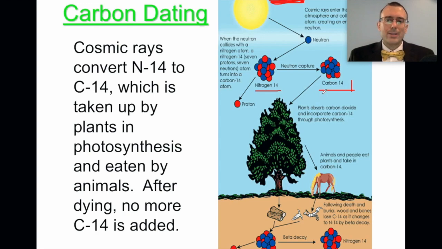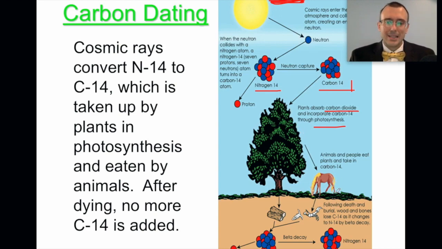So, how does that get into our bodies? Well, carbon-14 is part of carbon dioxide, and plants all over the world absorb that carbon-14 through photosynthesis. Trees and various other kinds of grasses and plants all do photosynthesis, and they incorporate some of that carbon dioxide into the entire plant. And what about animals?